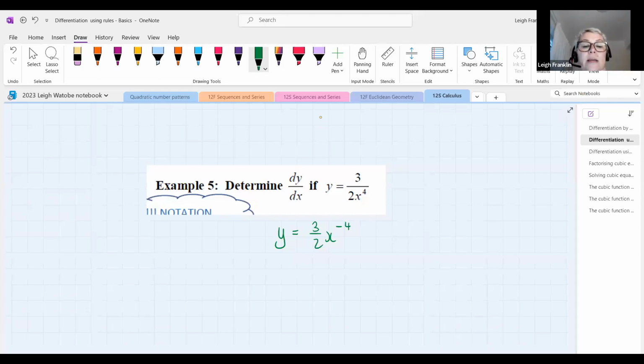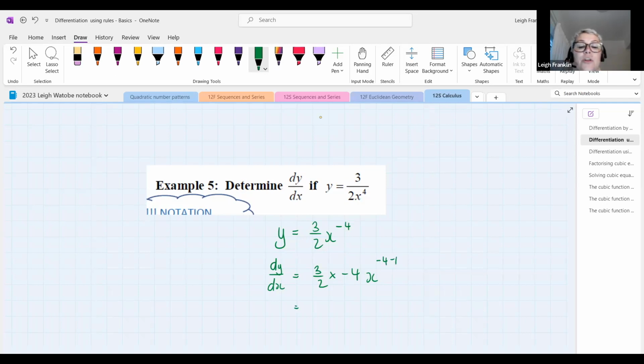Go for it. So we're writing dy over dx equals 3 over 2 times minus 4. Correct. I'm just going to write it in here. X to the power of -4 minus 1. Lovely.